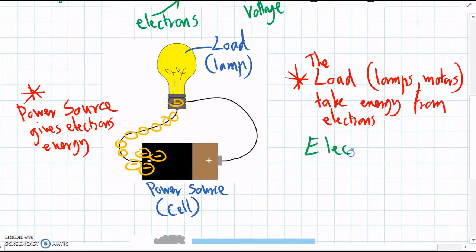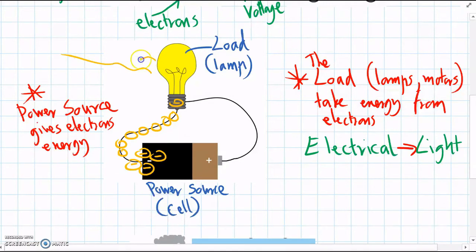So we can draw an energy flow chart like we did in the energy topic. We have electrical energy, and that's being converted, in this case, to light energy. And the lamp lights up with all that light energy.